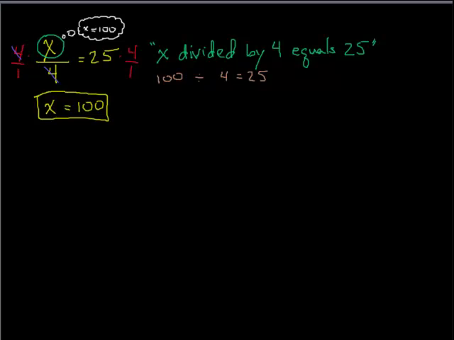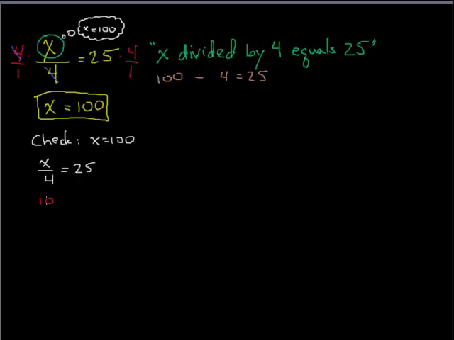Okay, so let's go back and check our work before we move on to the next example. We want to check that x equals 100 works in our original equation, x divided by 4 equals 25. So we substitute 100 where we see x.